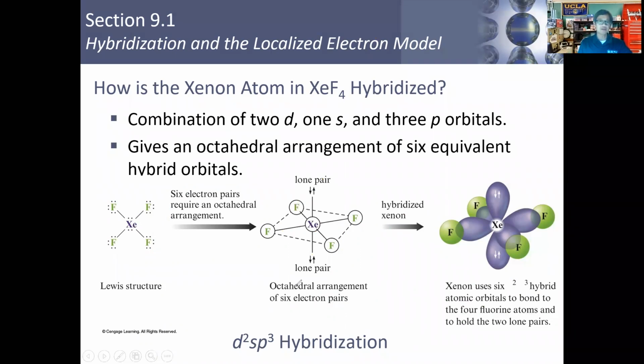The geometry is going to be an octahedral arrangement, with bond angles of about 90 degrees, and a 90-degree angle between the lone pair and the plane on which the fluorines lie. And so that's the hybridization of xenon: d2sp3.